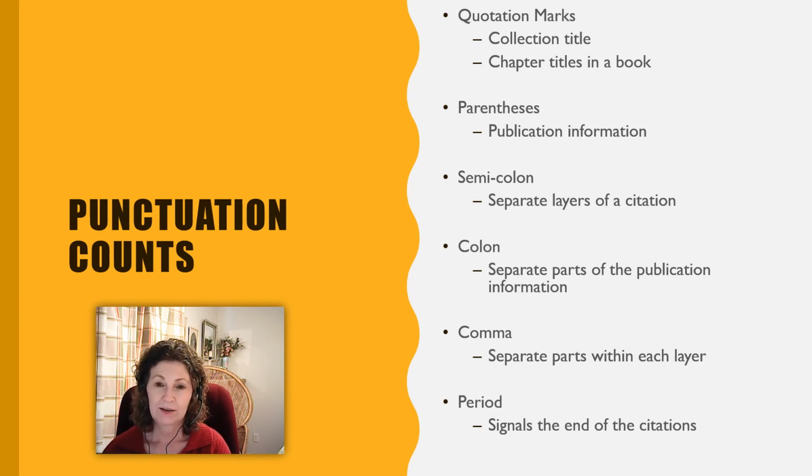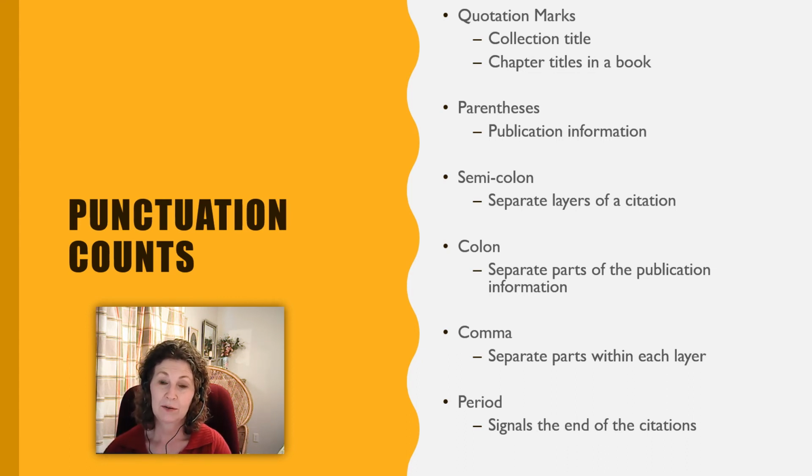Quotation marks. These are around a collection title. So many of the websites use collection titles. So it's simple. Put quotation marks around it. Think of it as a chapter title in a book, which is something else that we would put quotation marks around. So think of the entire website as a book. It's a publication.